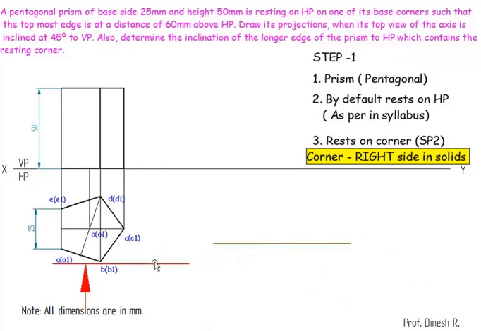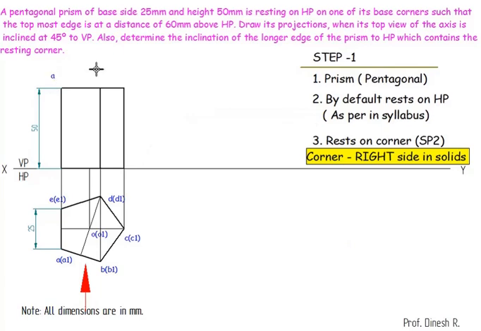So this is the first nearest point. Second nearest point is AA1, then CC1. So beyond this half of the solid you're going to be able to see it. Beyond this half you're not able to see it. The first nearest point is BB1, second is AA1, then CC1. That is going to be visible.